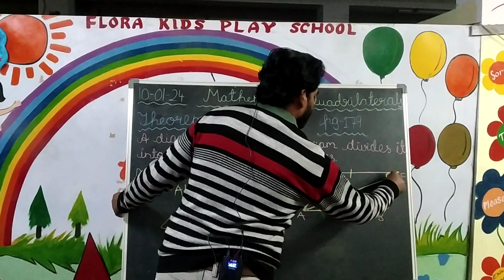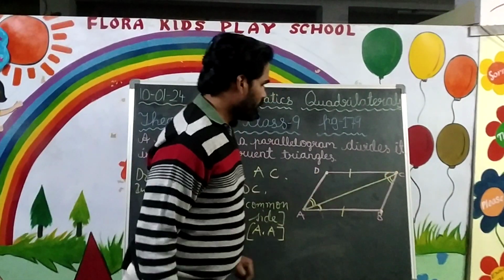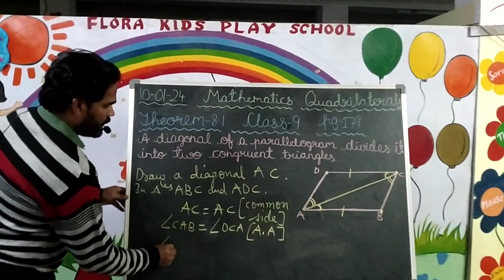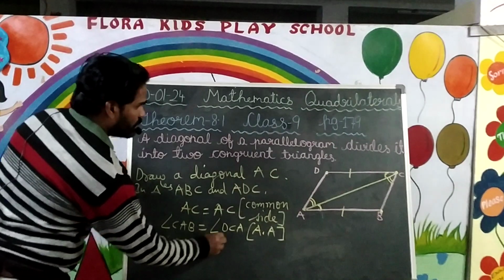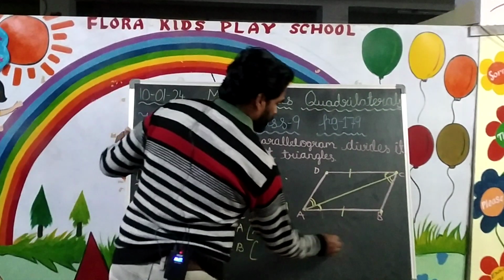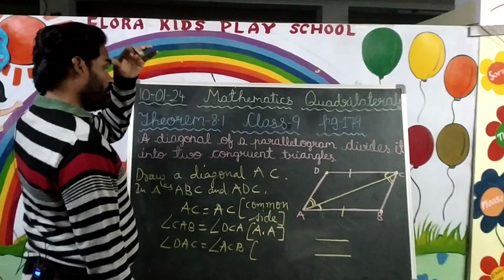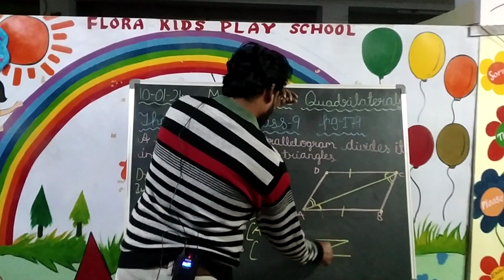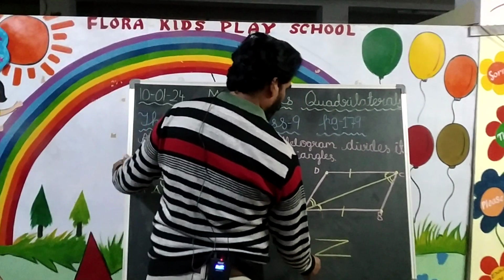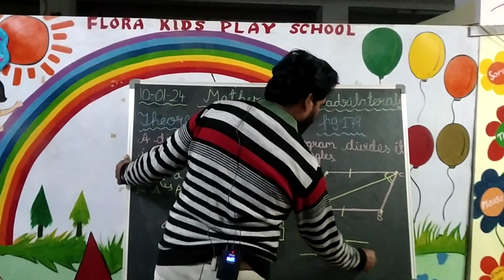The same thing we can also find over here. That is, angle DAC equals angle ACB. Why is it so? Again, there are two parallel lines and a transversal that intersects both of them, and again two angles are formed. Let me enlarge these parallel lines so that we can understand it better.